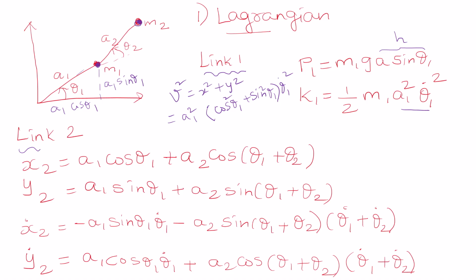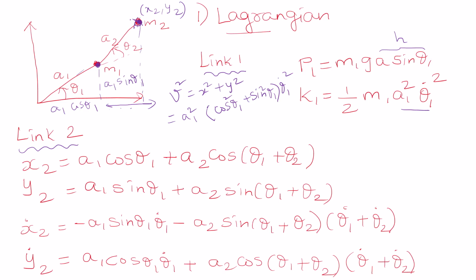Now we will get the kinetic energy and potential energy for link 2. First we will start with the position. Here the position of the point on the link at this point is denoted as x2, y2. So x2 will be a1 cos theta 1 plus this distance, which is a2 cos of theta 1 plus theta 2.